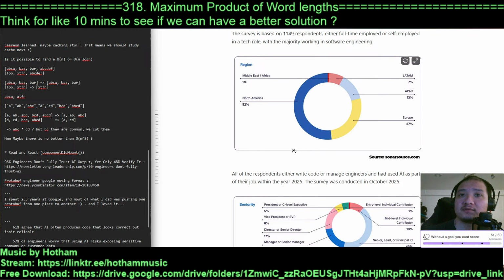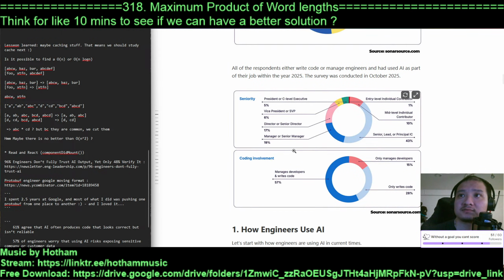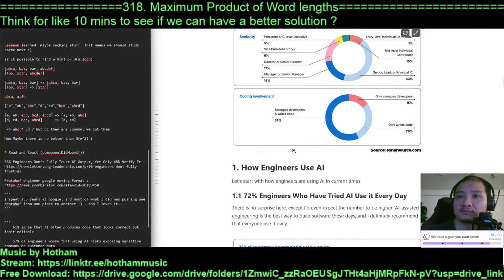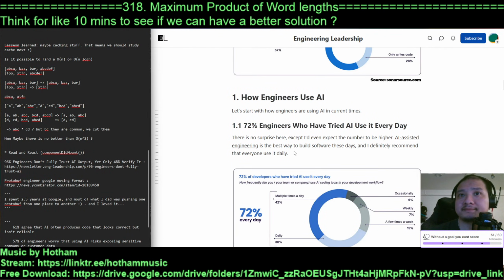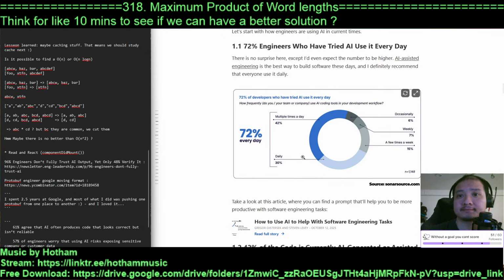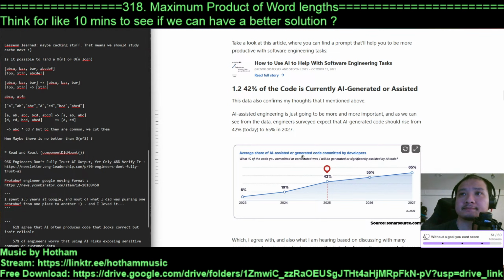North America is 52%. 42% is AI generated.